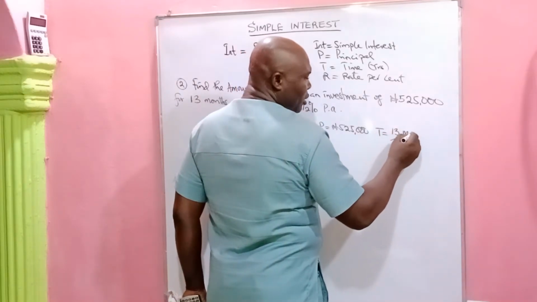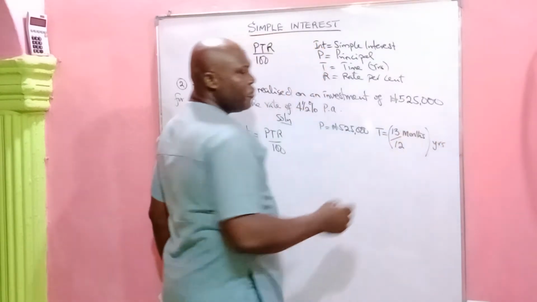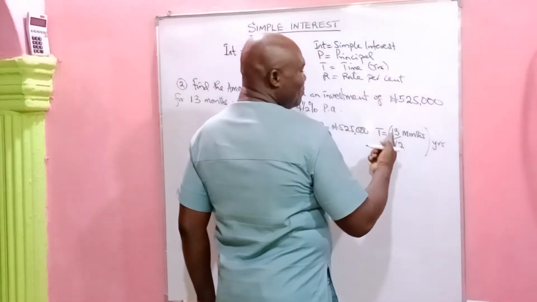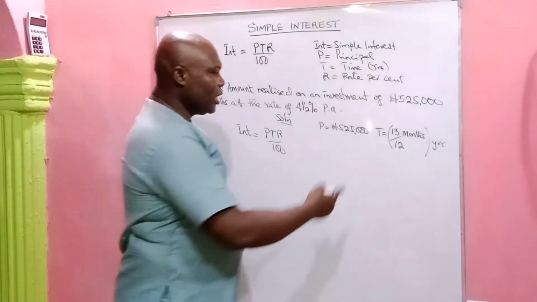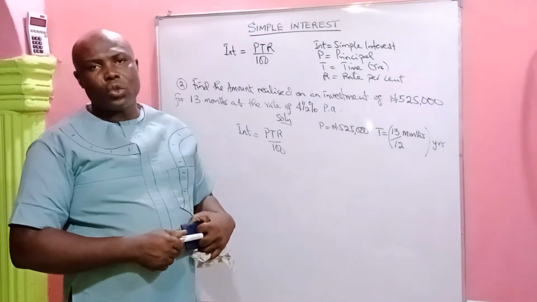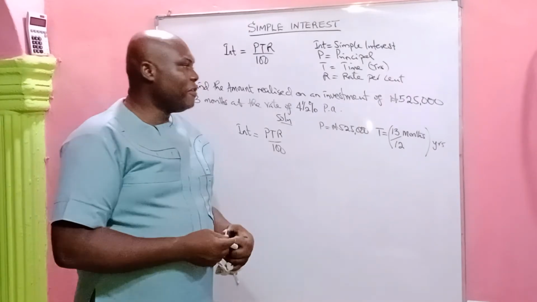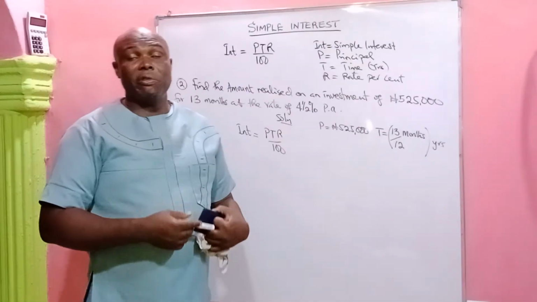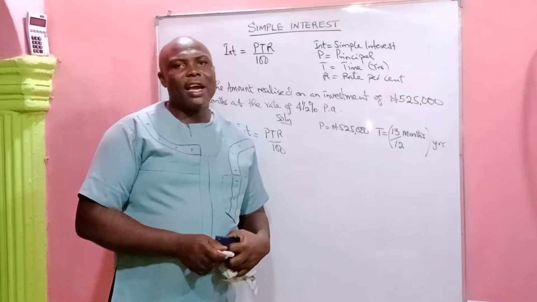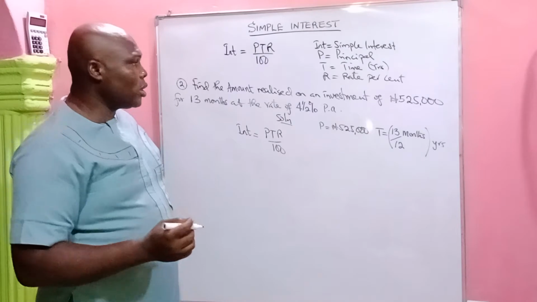If the information is given in weeks, let's say 48 weeks, you divide by 52 because 52 weeks make a year. If it is given in days, you divide by 365 because 365 days make a year. It depends on what you are given.